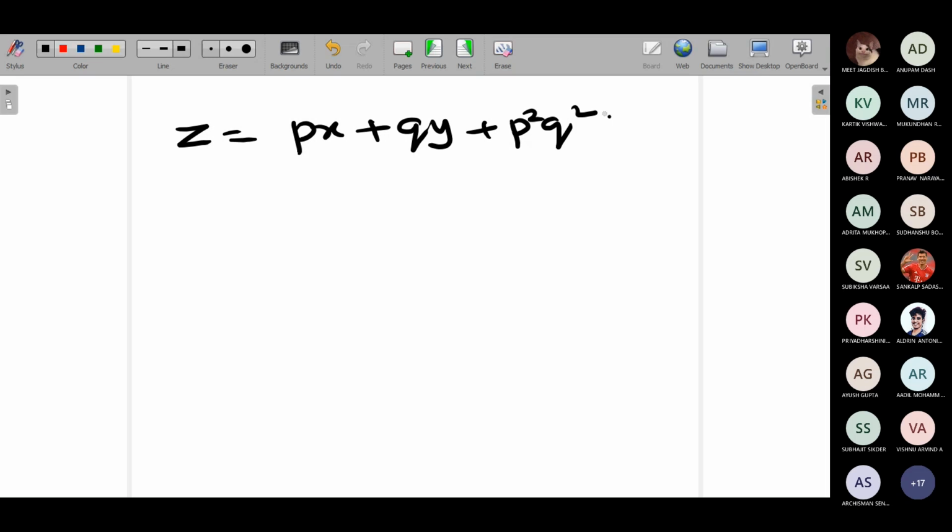Tell me the value of a and b first. Find the value of a and b. So again, it is Clairaut's form. So put p equal to a and q equal to b, and find the value of a and b and give it to me.